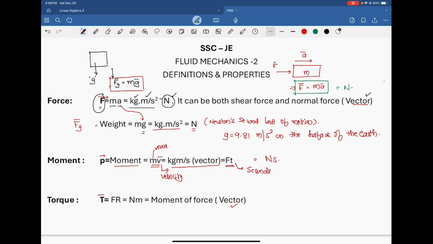Torque is, for example, a rigid body is there and a force is applied here at a distance of r from the center of gravity of the rigid body.